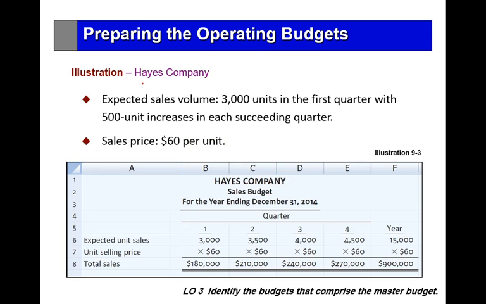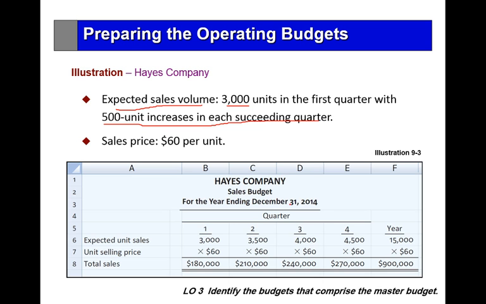Here we will start with a comprehensive example. We have this company, with expected sales volume. The company expects to sell 3,000 units in the first quarter of the next year, with a 500 unit increase in each succeeding quarter. Here the example divides the year into 4 quarters: quarter number 1, quarter number 2, quarter number 3, quarter number 4, and the whole year.